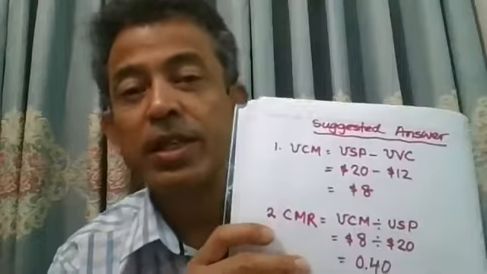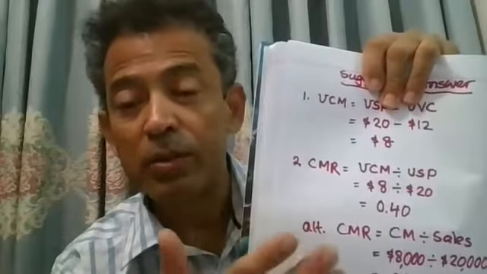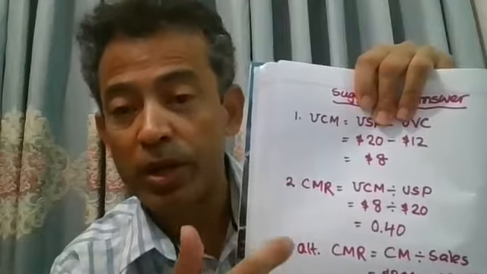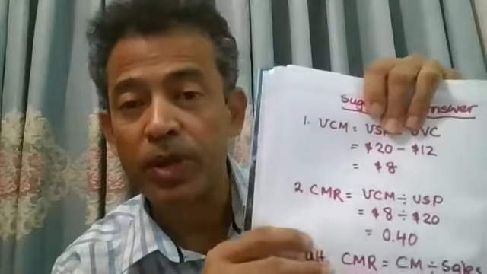The second was CMR, or CM ratio. Once you know the CM on a unit basis, then we divide it by selling price. So $8 by $20, or 8,000 by 20,000. It's the relationship I told you in the previous video.